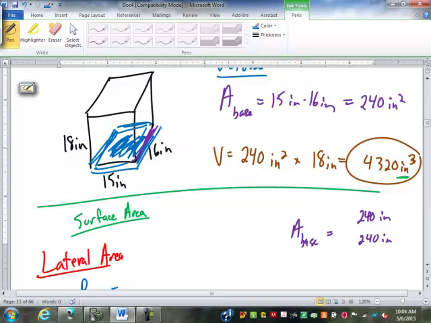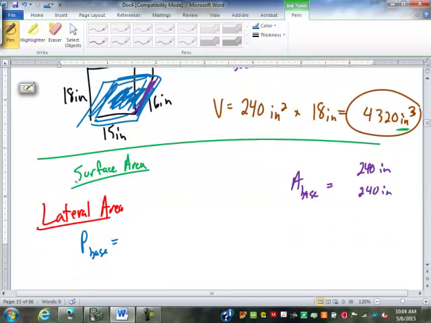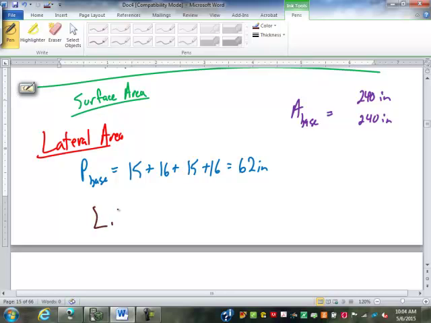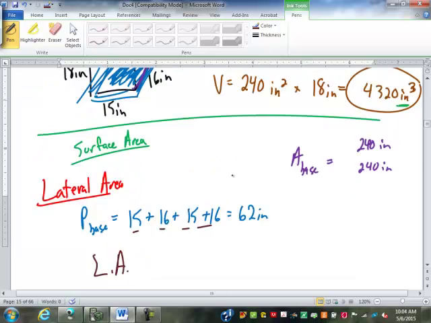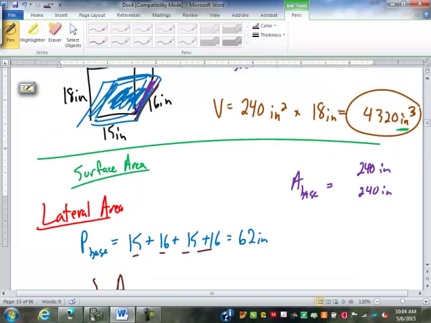Around that bottom. Otherwise known as 62 inches, correct? Wait, what? Perimeter of the base. So we're adding up 15 plus 16 plus 15 plus 16. The distance around the base.